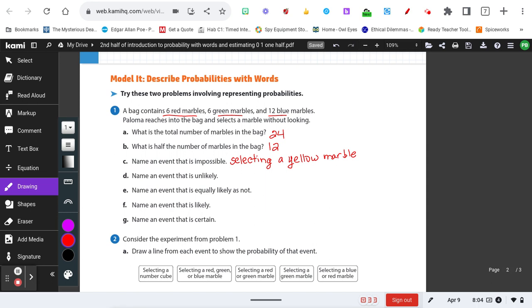So something that we could say is unlikely to happen. And you could just go with, I'm going to go with selecting a red marble. You could go with selecting a green. I wouldn't go with selecting a blue.